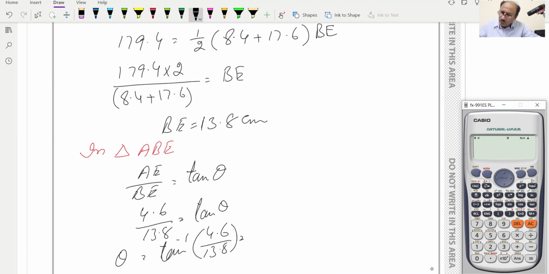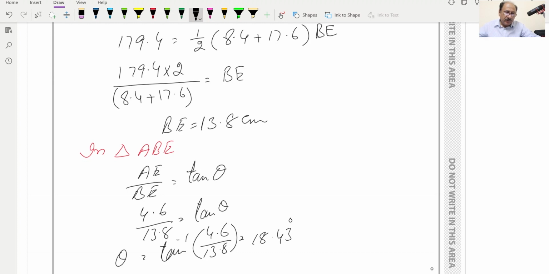You should be sure that this is in degree mode, 4.6 over 13.8, and bracket will be closed, and this is equal to 18.43.